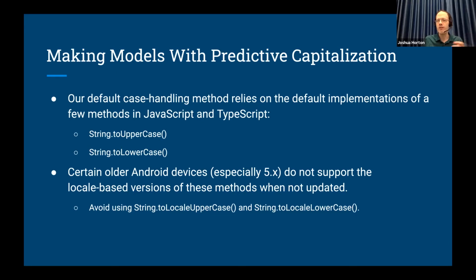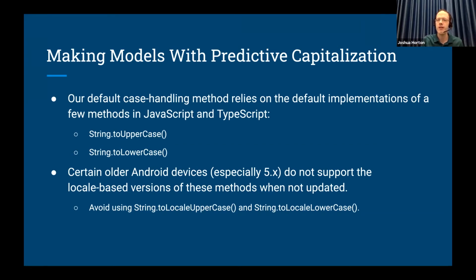Because of these older Android devices, we wish to avoid use of the locale-based versions of the uppercase and lowercase functions, because if they are not present, that will immediately break and the predicted text would outright fail. We feel it's worth the trade-off of making sure it works for them, even if it's maybe not as easy for the general use case.